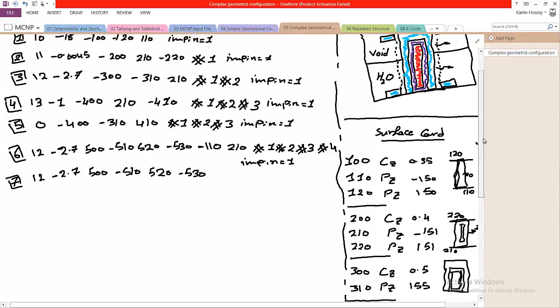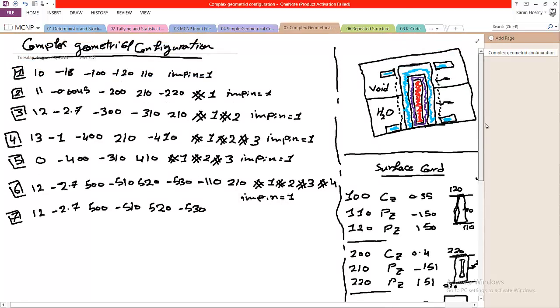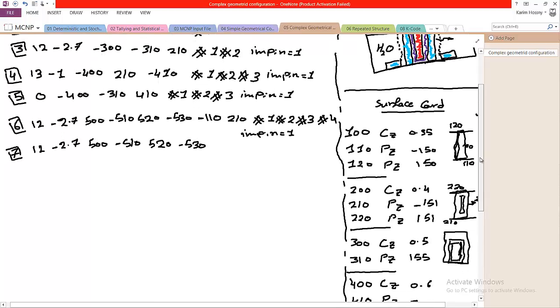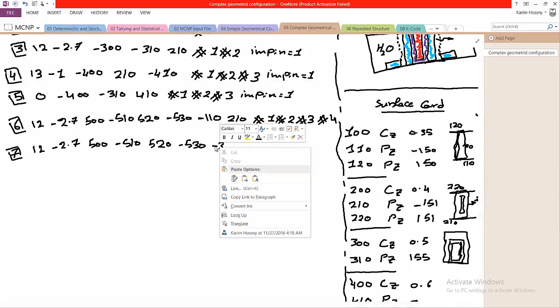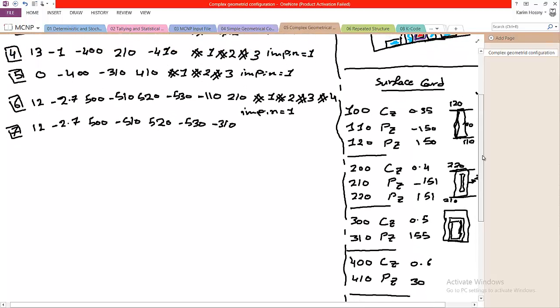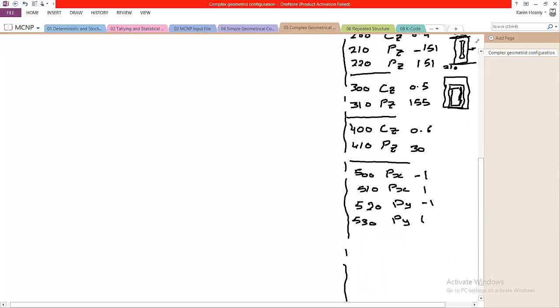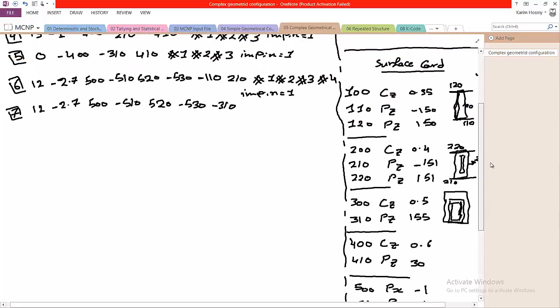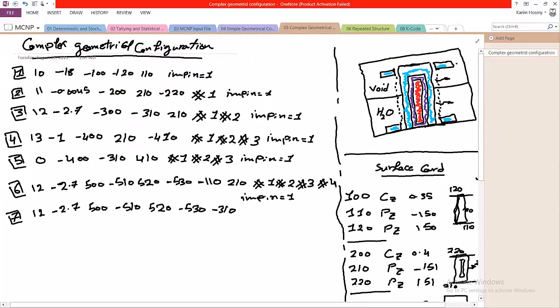The z will be negative 310, and we'll have to specify another plane, which will be 540 pz at 154 centimeters in order for this thickness to be 1 centimeter.